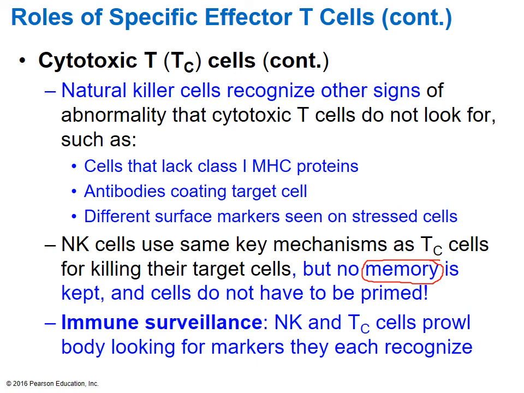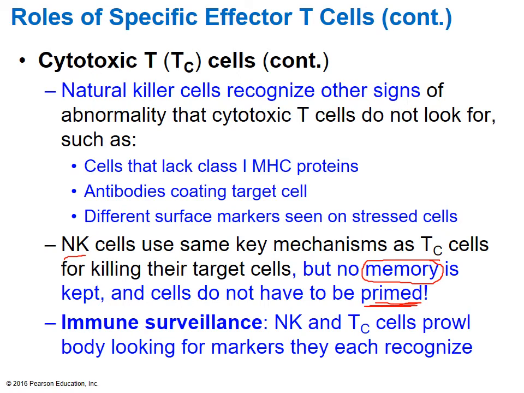But then the natural killer cells, because they're part of our non-specific immune system, they also do not have to be primed. They don't have to go through the activation step of interacting with the MHC complex and the antigen and the co-stimulatory process. So the natural killer cells will be able to react quickly, but they will not have a memory of the event.